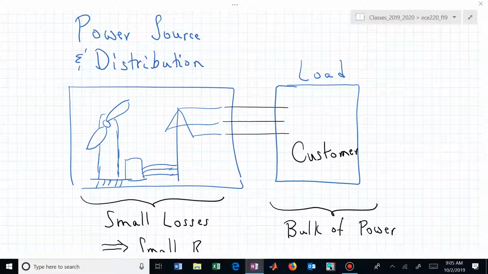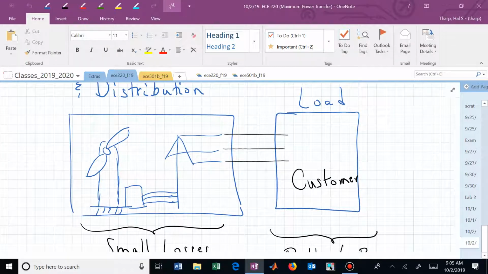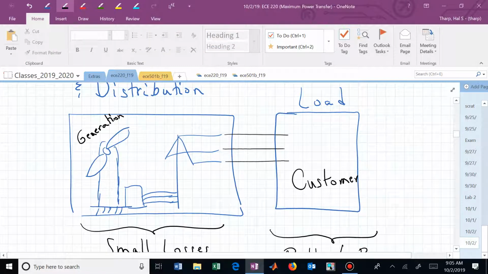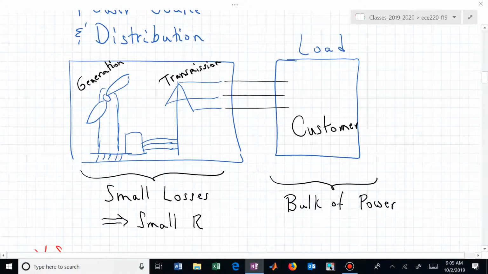I know, use your imagination. But here we have then the generation, and we have the transmission. That's supposed to be a high voltage transmission system. That now distributes this power to your home or to an industrial plant or facility.